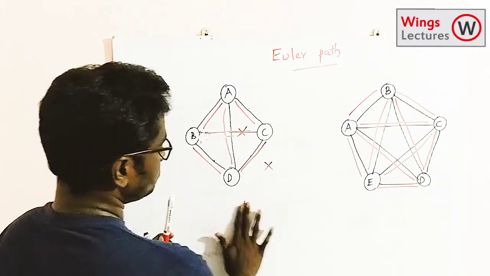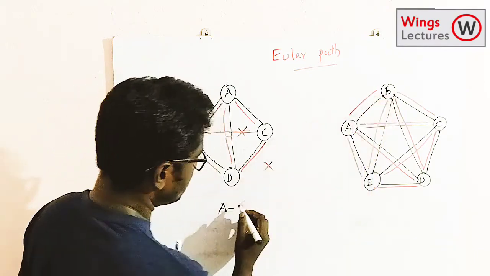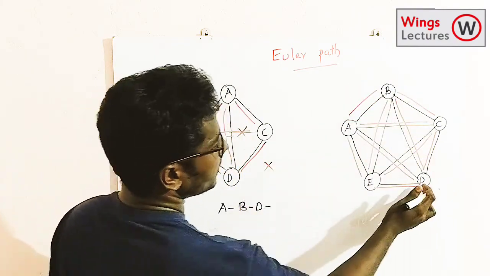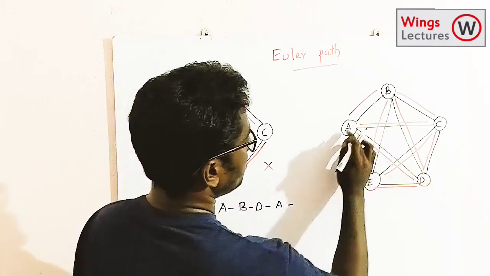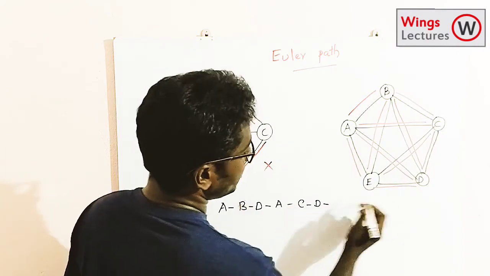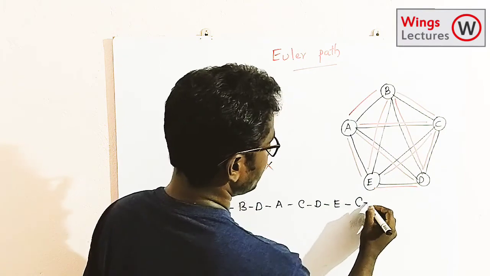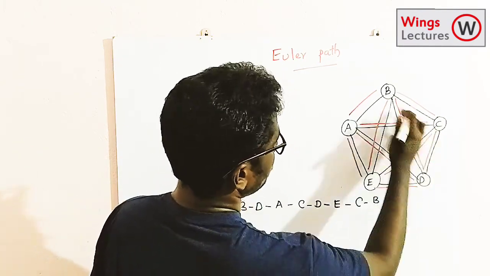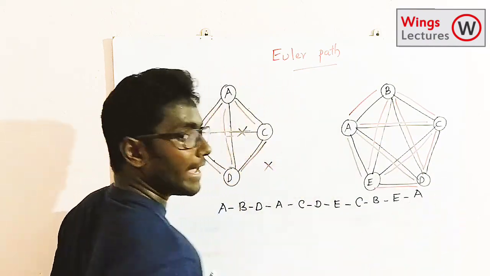A, then B, then D, from D to A, and again C, from C to D, and D to E, from E to C again, and again go to B, from B to E, and finally A.